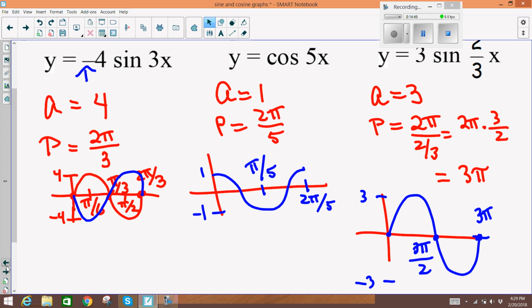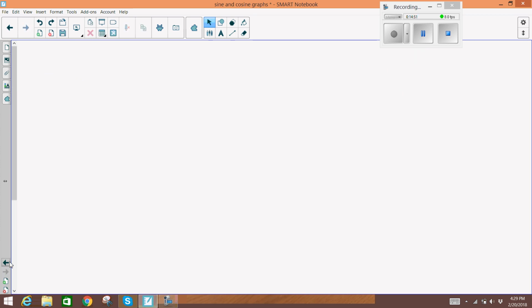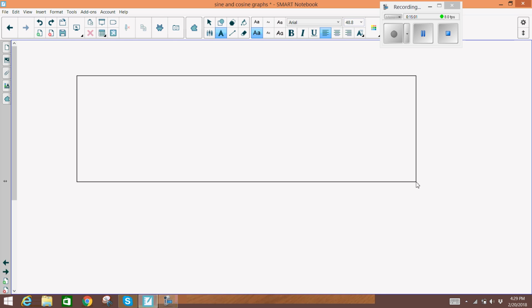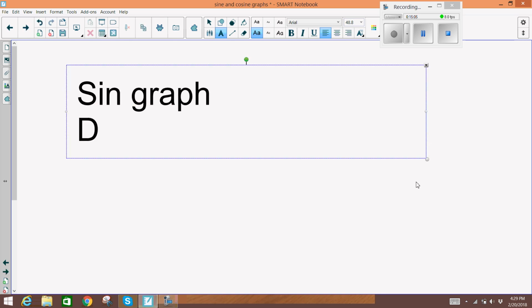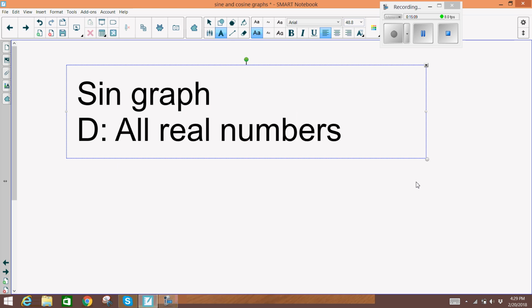Okay? So one more thing I want to kind of summarize here is that the sine graph has a domain of all real numbers. Okay, this is important.